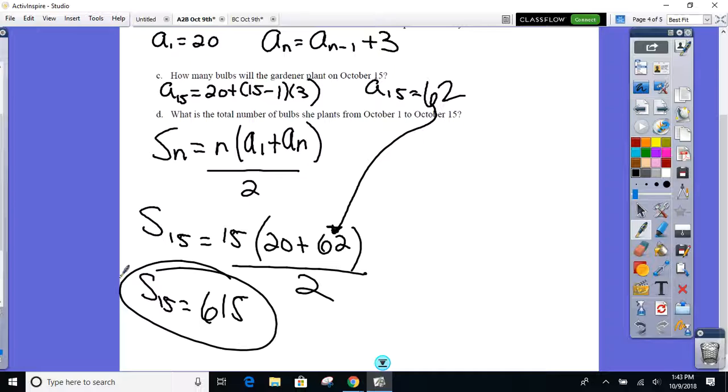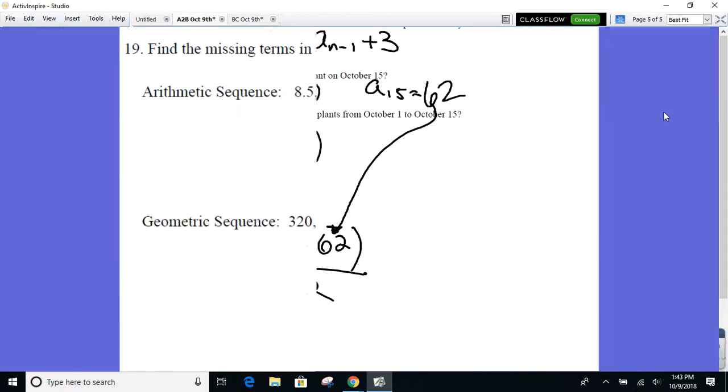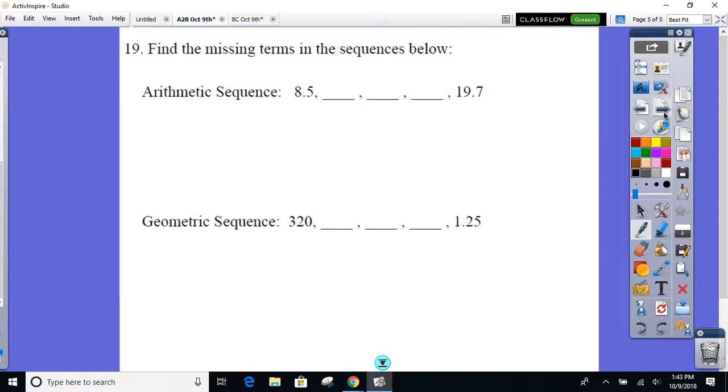I just want to go over how to find the numbers in between on a certain sequence. All right, last one then. 19. Find the numbers in between. Okay, first one's arithmetic.